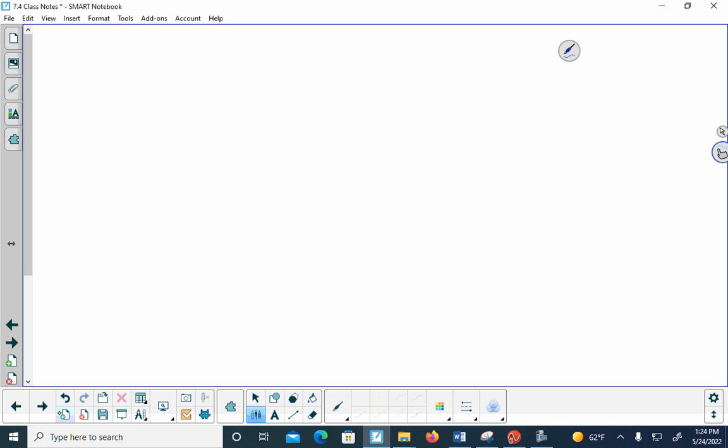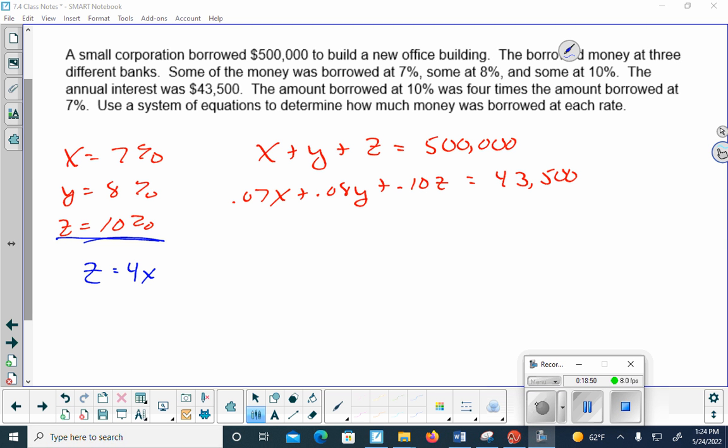And so when I do that, if I'm going to choose to solve this with matrices, I'm going to have to rewrite that equation. So I may either take the z over to this side or the 4x over to this side. It doesn't really matter as long as it's consistent. I'm going to choose to take the z over here and make the 0 subtract the z. So I'm going to have 4x minus z is equal to 0.